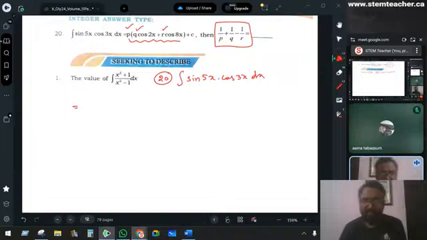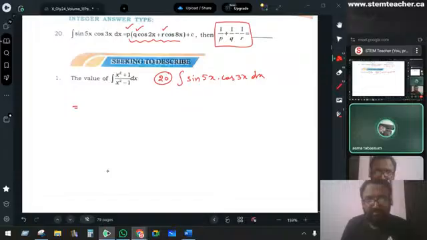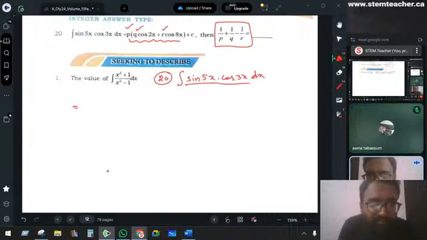How can we do the next? What is this formula? So sin 5x cos 3x. What are these? Cos 2x, cos 8x.